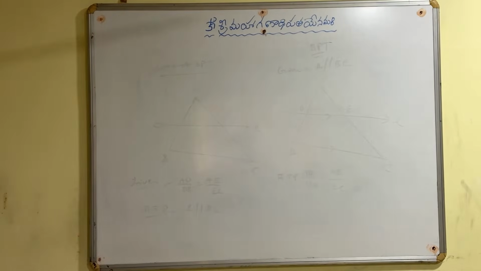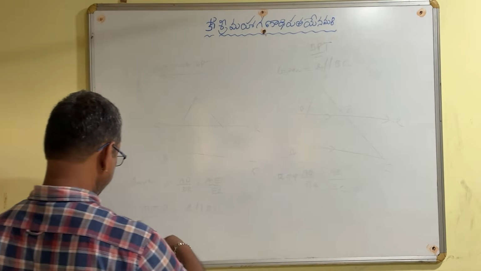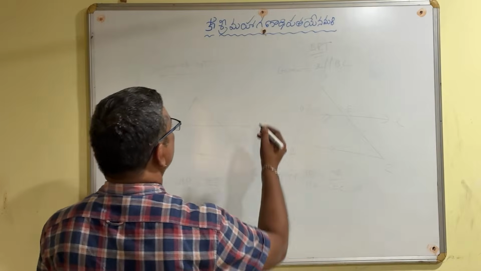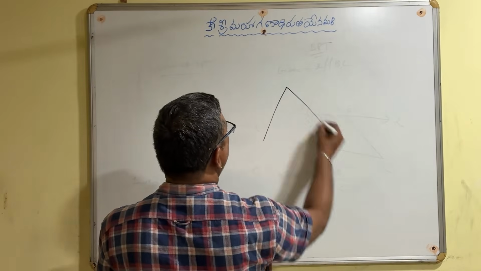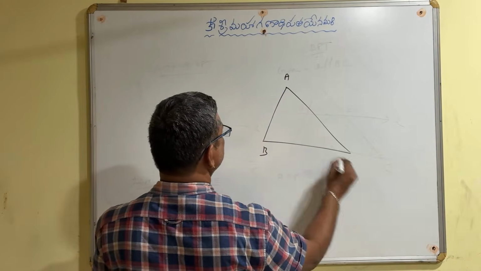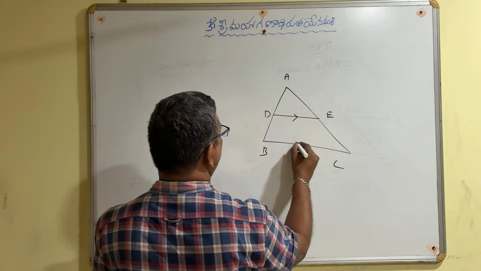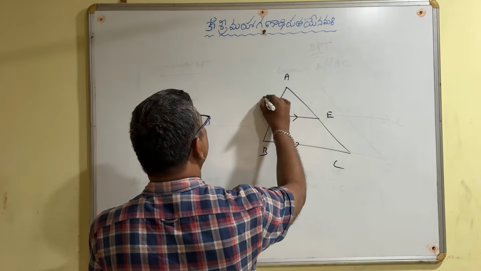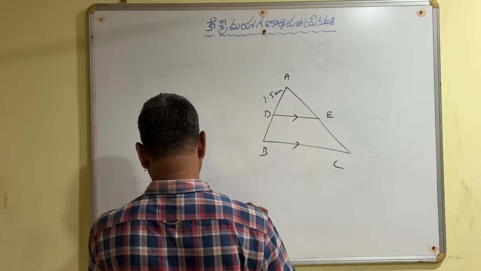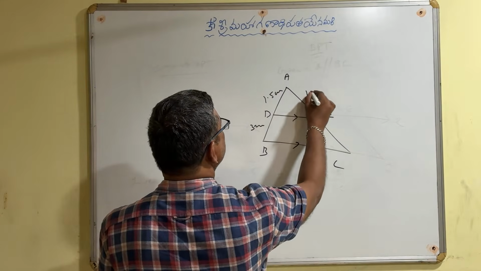Let us start with a problem. There is a triangle ABC. DE is parallel to BC. It is given this is 1.5 centimeters, this is 3 centimeters, and this is 1 centimeter.